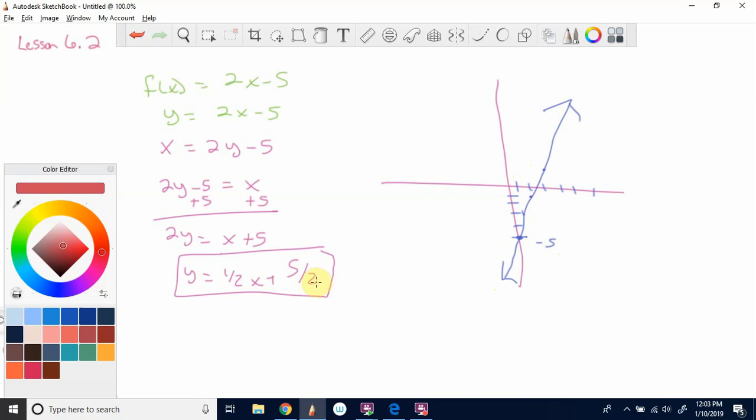Now let's graph the inverse. The 5/2 is 2.5, so we're going to go about right here, and then go up 1 over 2, up 1 over 2, and then we connect the dots.